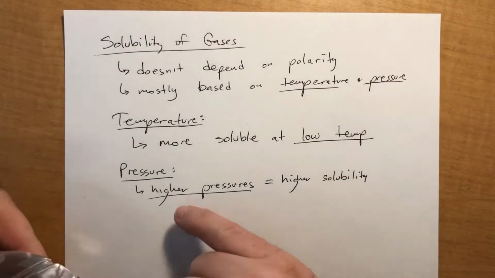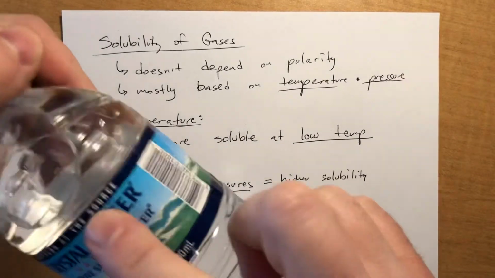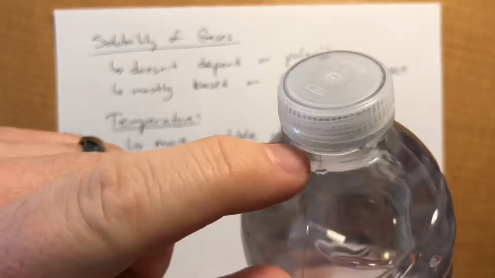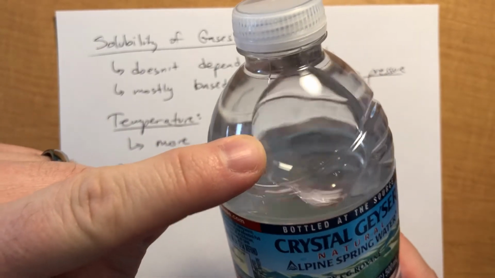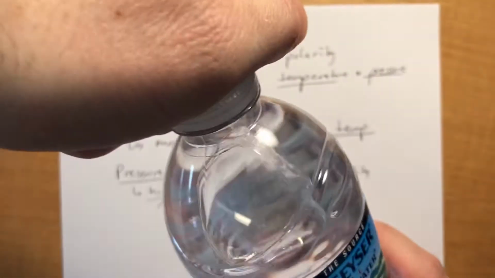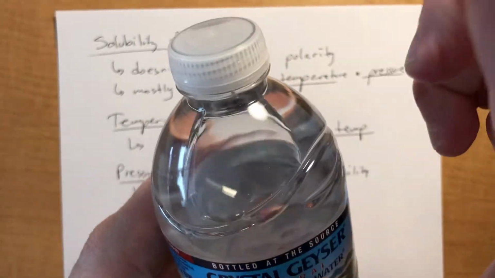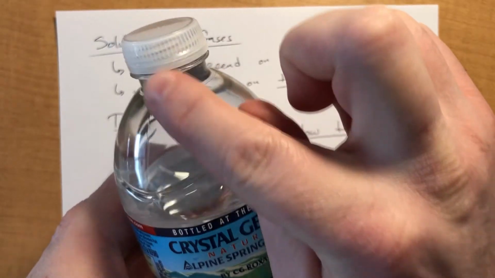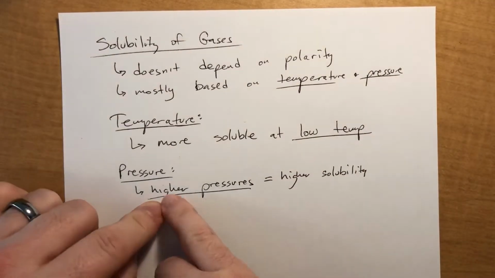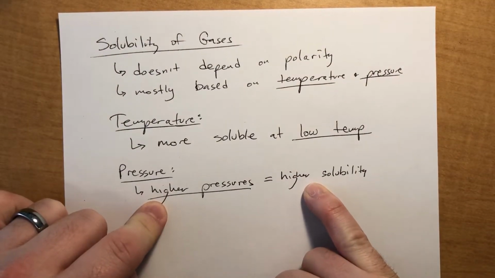As soon as you open it, the pressure inside has dropped because this gas at the top is really high concentration carbon dioxide. And when you crack that lid, this has escaped, which allows the dissolved carbon dioxide to also have a place to escape. Okay, you dropped the pressure, so the solubility dropped.